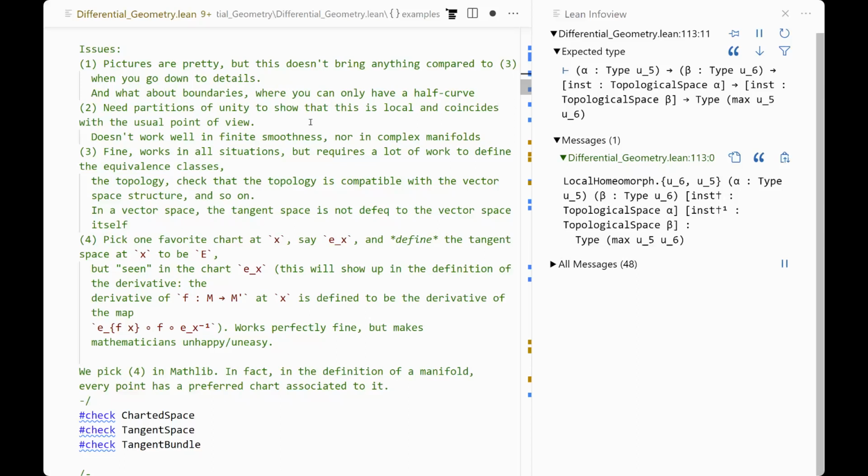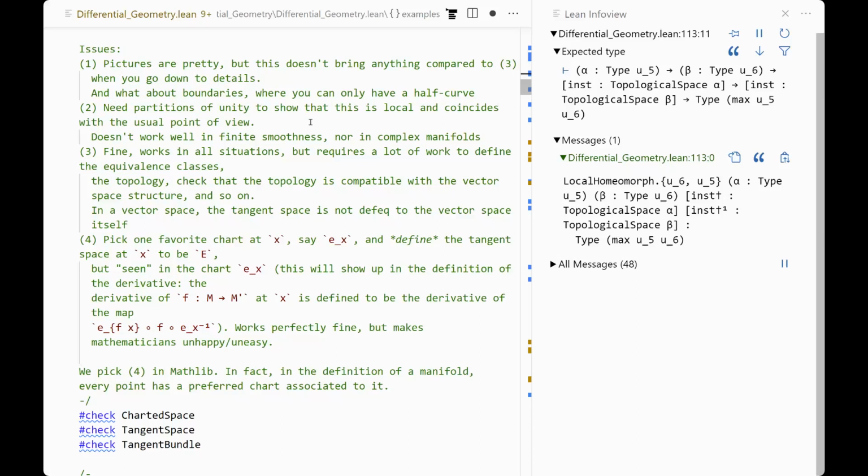But there's no requirement that, if you fix a chart, all the points who have this particular chart as their designated chart fall in a certain subset or something. No. So every point could have a completely different chart as their designated chart. But of course, in a smooth manifold, all the charts are compatible in the sense that the coordinate changes are smooth.